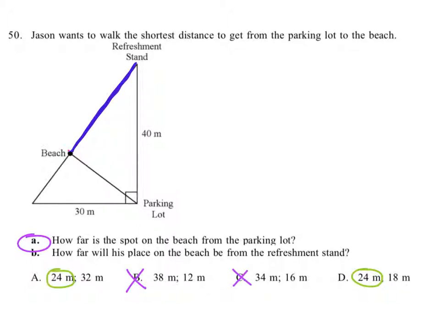That corresponds to the altitude here. The longer of the two legs on the small triangle is this dark blue one, and the longer of the two legs on the medium-sized triangle. I guess the biggest triangle is all of it.